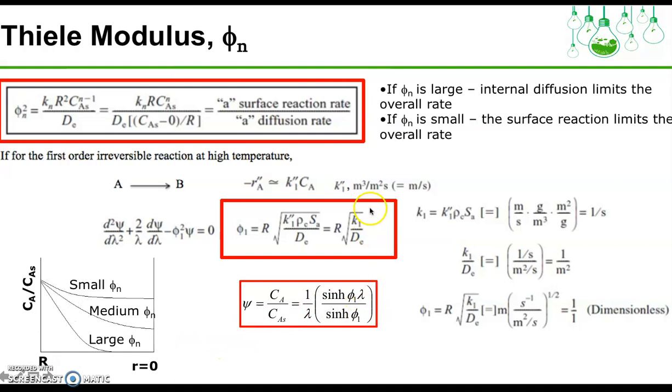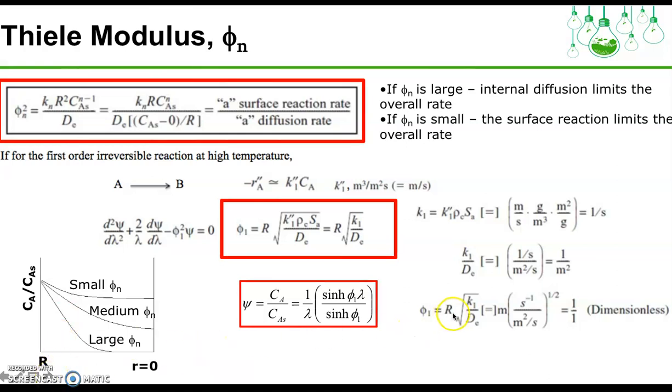The relationship between the Thiele modulus, psi, and lambda is this equation, stated in your book as equation 12.27. You can also see in the figure how the Thiele modulus varies with the catalyst radius and the concentration.